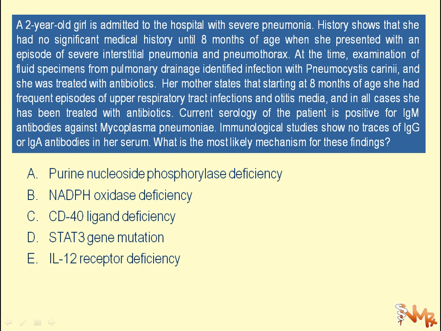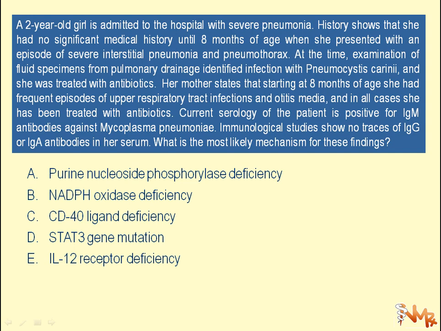At the time, examination of fluid specimens from pulmonary drainage identified infection with Pneumocystis carinii, and she was treated with antibiotics. Her mother states that starting at 8 months of age, she had frequent episodes of upper respiratory tract infections and otitis media, and in all cases she has been treated with antibiotics.